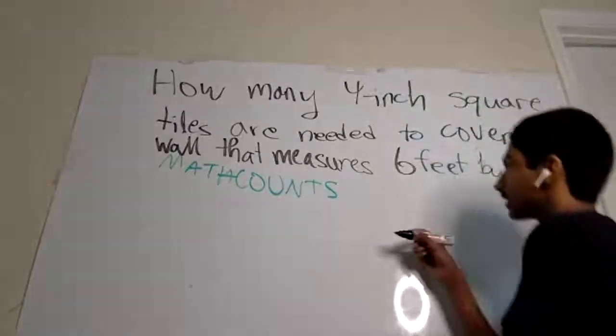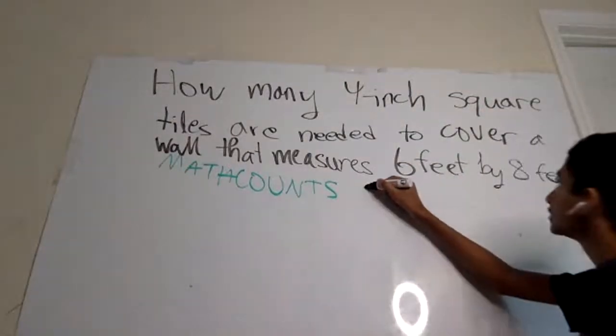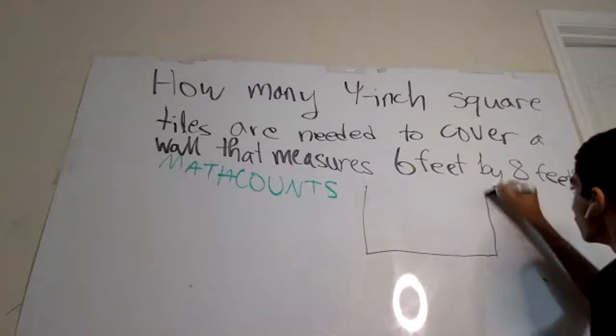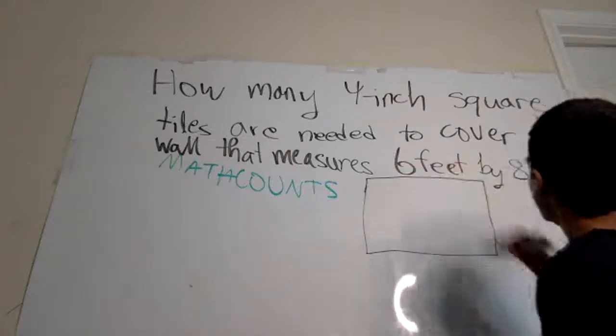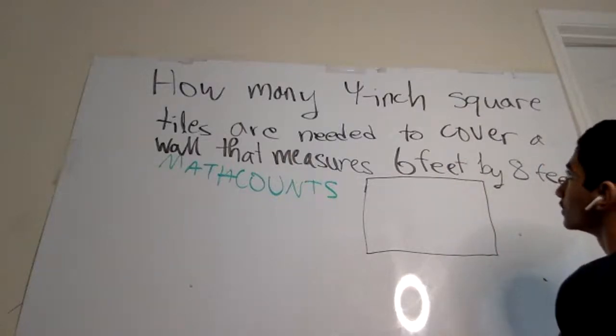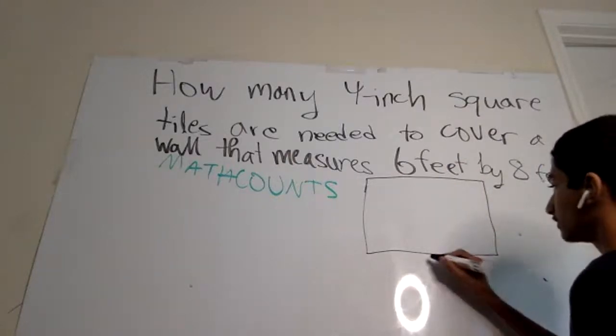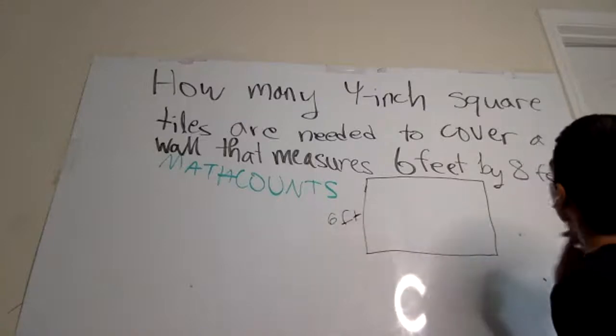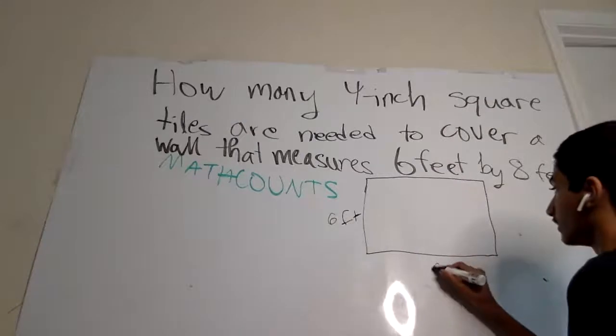That's usually a common strategy with geometry problems. So we have a 6 feet by 8 feet wall, and we have 4-inch square tiles. We'll put 6 feet right here, and we'll put 8 feet right here.